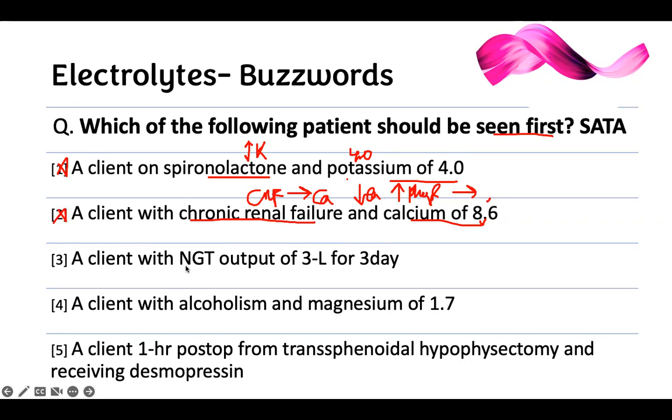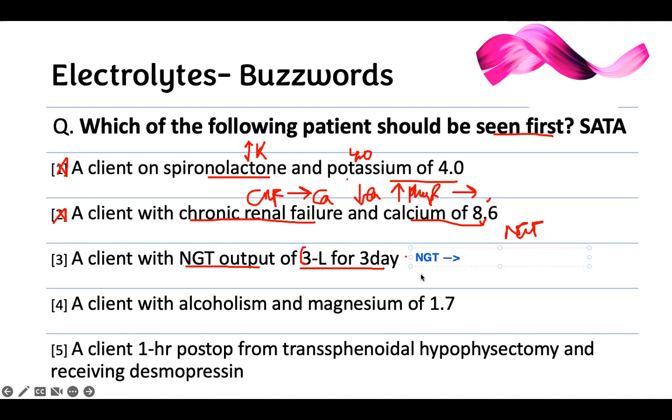A client with NG tube output of 3 liters for 3 days. I know you see 3 and 3. Stop and think about it. NG tube, what does the NG tube do? Let's analyze it. When you have an NG tube, the output that comes out is mostly acid.